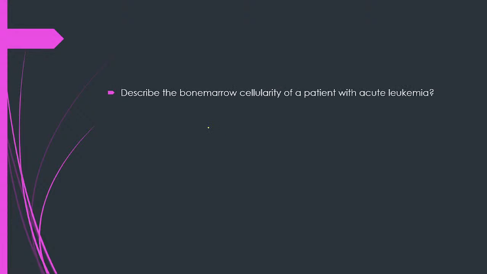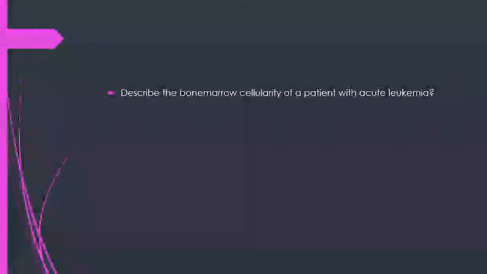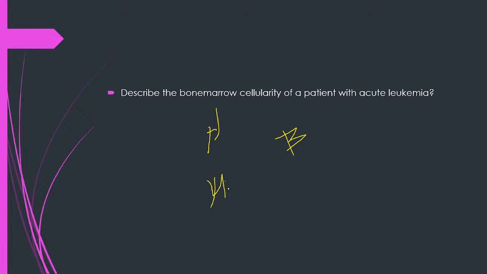Now, describe the bone marrow cellularity of patients with acute leukemia. These patients have abnormal cellularity and therefore a hypercellular bone marrow. What do I mean by hypercellular? The myeloid erythroid ratio, the ME ratio, is abnormal. The ME ratio is the number of myeloid precursors versus erythroid precursors.